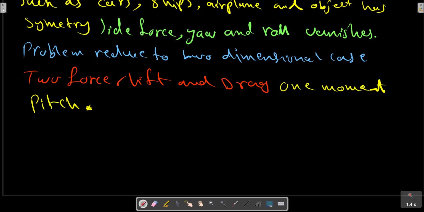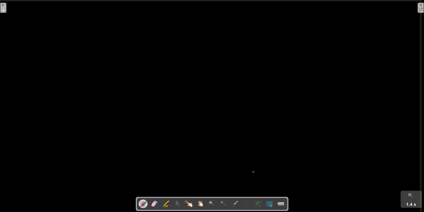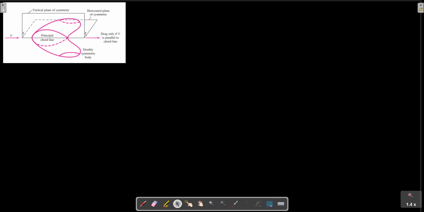A final simplification often occurs when the body has two planes of symmetry, as in this picture, a vertical plane of symmetry and a horizontal plane of symmetry.